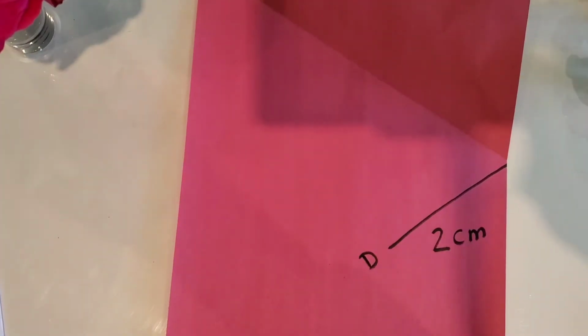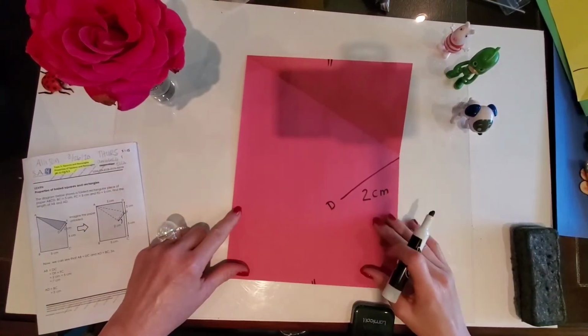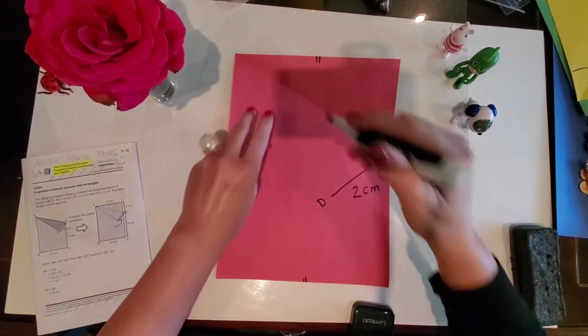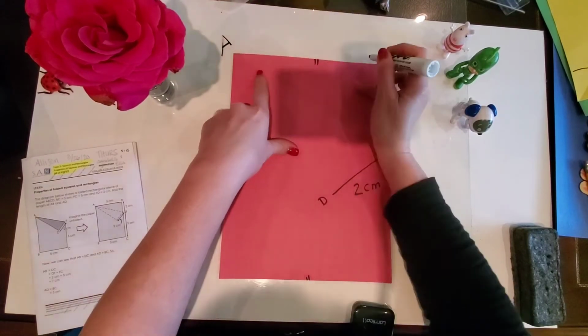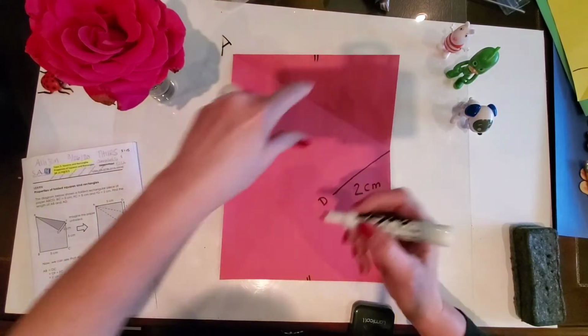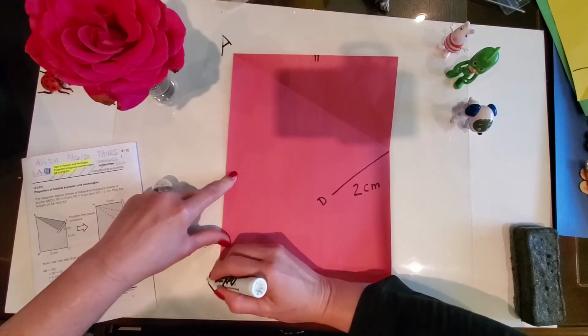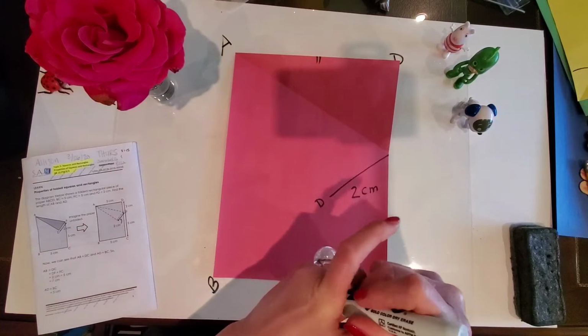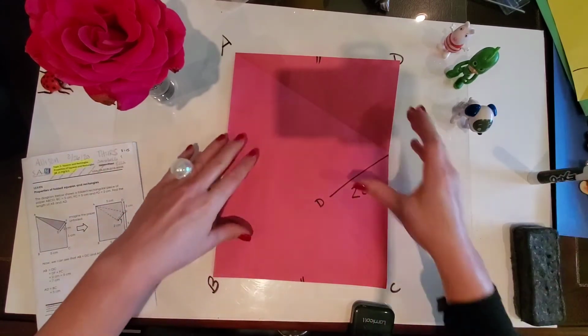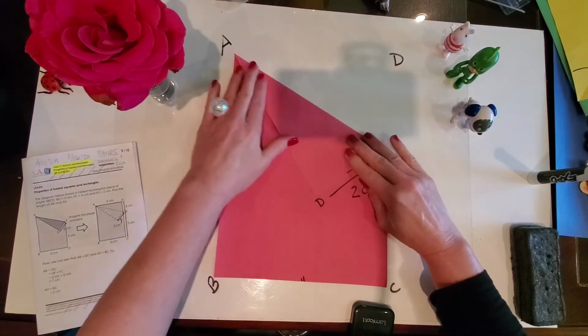So if we were to put the angles here, let me just back this up a little. And here we go. Let me write these angles down just to make it easier. A, go down here to B, C, and D. Very good. So the problem starts out like this here.